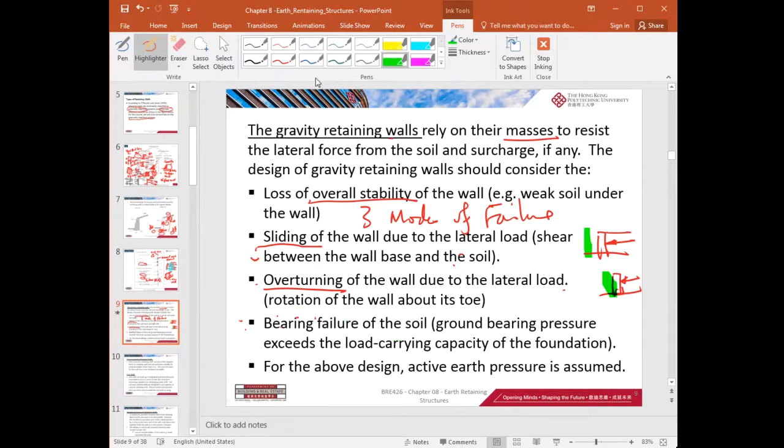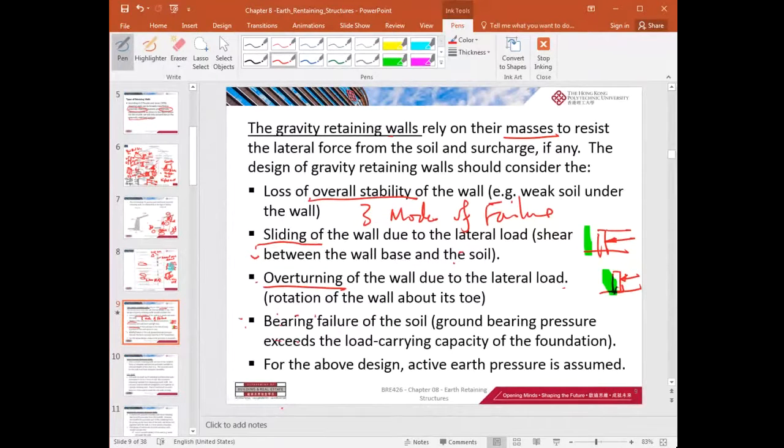And then you have the bearing failure. What's bearing failure? The soil bearing failure. It means that the retaining wall, under a very heavy force, the soil here may fail.